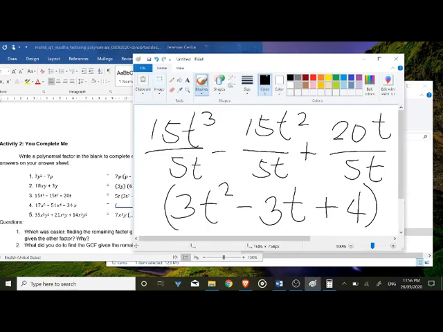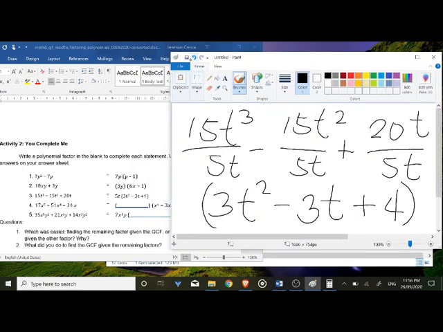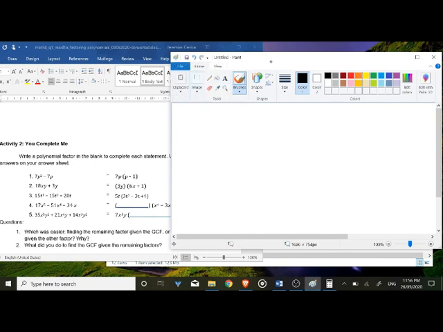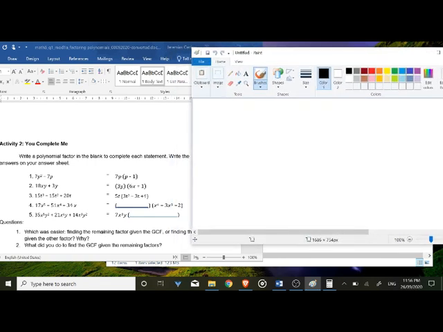Next, number 4 na tayo, class. Sa number 4, ano ang missing factor? Si monomial factor, kasi 3 terms tong isa. So si monomial ang hahanapin natin.